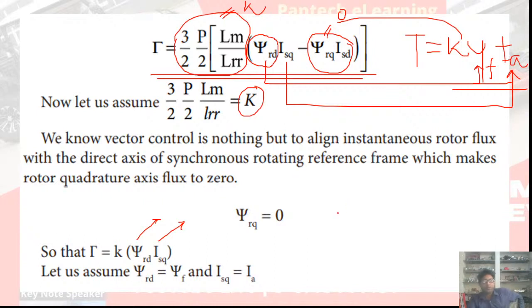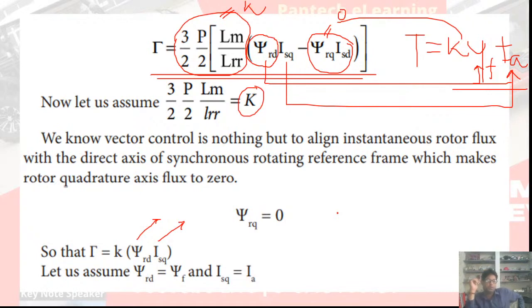Now from the discussion we have done so far, what we understood: to operate an induction machine for a decoupled control, that means if I want to control the torque and the RPM in an isolated manner, I have to operate an induction machine analogous to a separately excited DC machine.